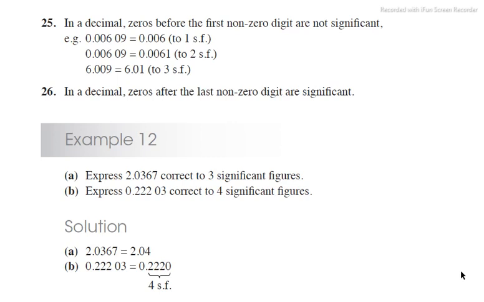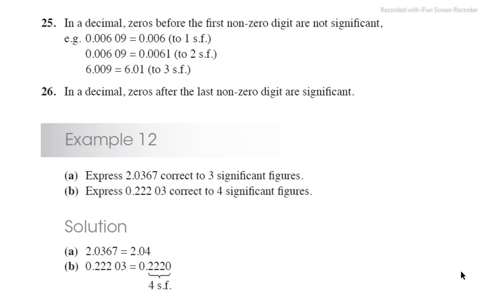So we shall have 2.04 as our figure that gives us the 3 significant figures. And this 0 is considered because it is between the non-zero digits. Don't forget that.